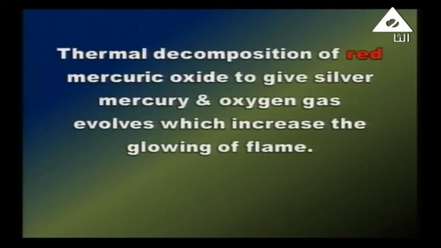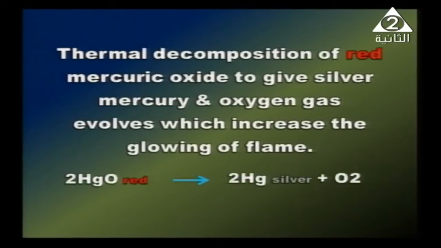The thermal decomposition of red mercuric oxide gives silver mercury and oxygen gas evolves, which increases the glowing of the flame. This is one of the thermal decomposition reactions.